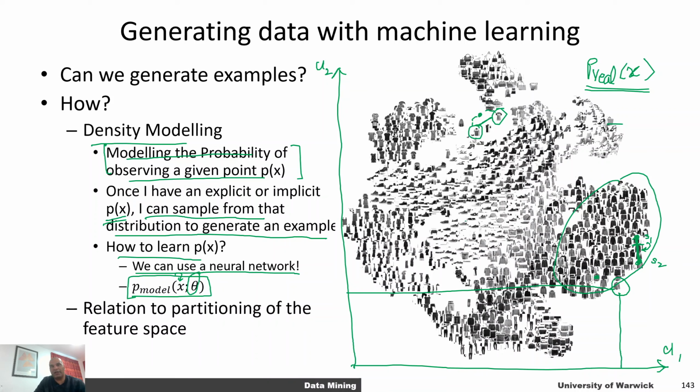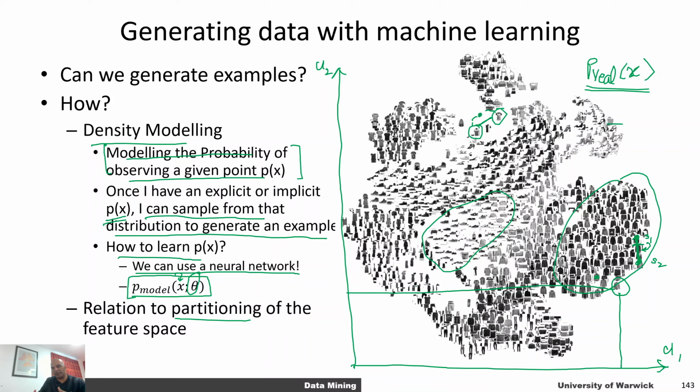A general form of that description is that we are trying to model the density of different types of objects. So for example, you've got all shirts over here, and you've got, let's say, shoes over here in this region. Now I can draw these boundaries just as I've done on the screen, and that gives you an idea of what regions show a high density of a certain type of object. So density modeling is actually the same thing as partitioning the feature space. If you can do one thing, you can do the other.